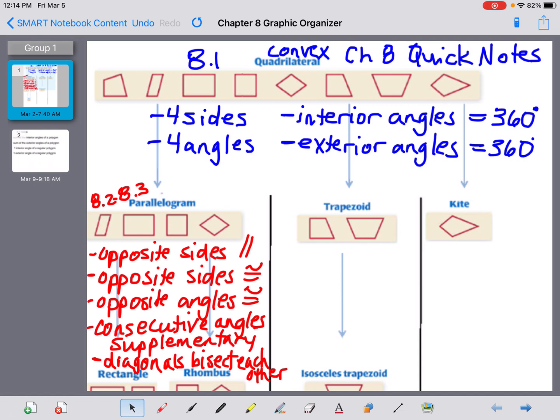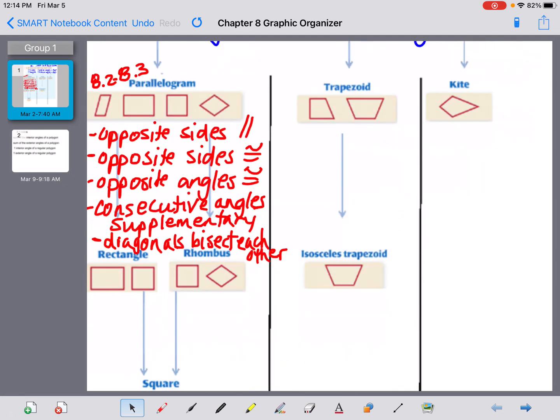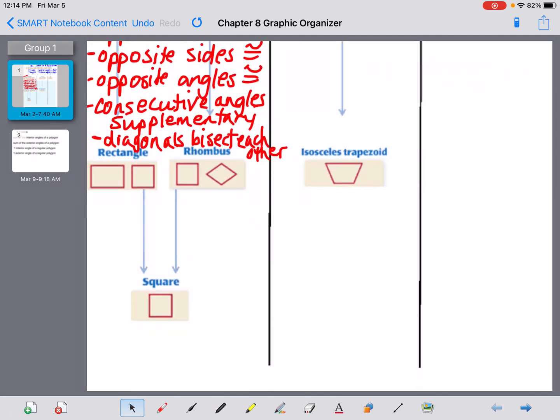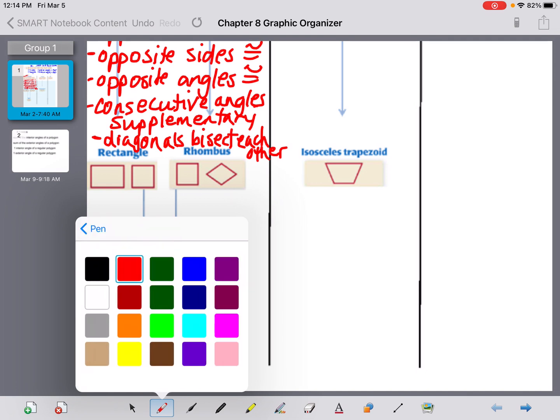Now, the way this chart works is that when you see those rules for quadrilateral above the parallelogram, all of those are true for a parallelogram as well, but now we got more specific with our parallelogram rules. So now when we go to rectangles and rhombuses, they have all the properties above it from the parallelogram, but now they have some of their own properties.